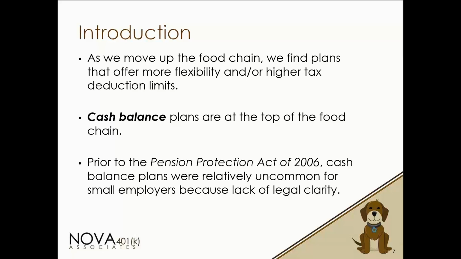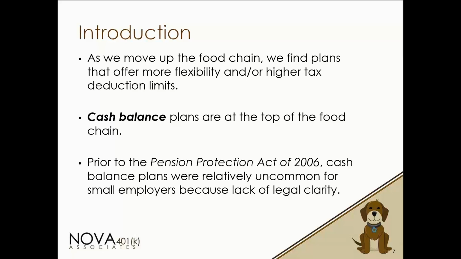So as we move up the food chain, we tend to find more plans that offer more flexibility, but as you can probably guess, the complexity goes up a little bit. And so cash balance plans, we'll see later on, they end up checking a lot of our boxes.